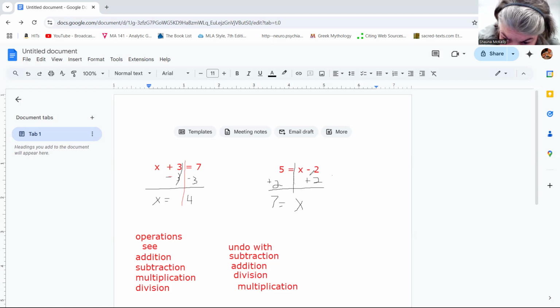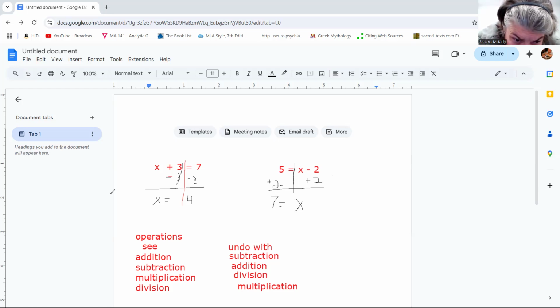I see subtraction, so I undo it with the opposite of subtraction. The opposite of subtracting 2 is adding 2. So I'm going to do that on both sides of the equal sign. I add 2 here on the right, and I add 2 here on the left. 5 plus 2 is 7, so 7 equals x. Again, I can check. If I go back to the original, 5 is equal to 7 minus 2, which is true.